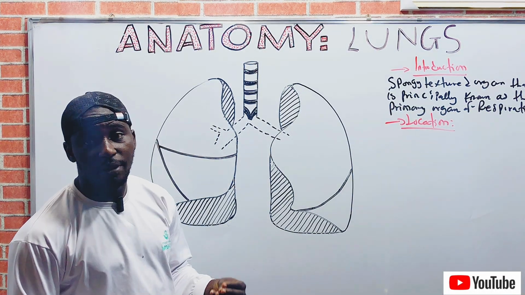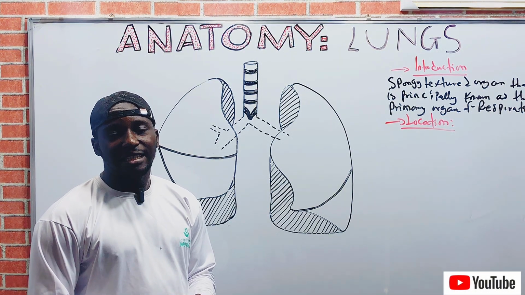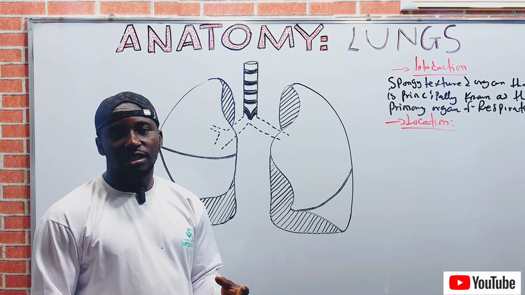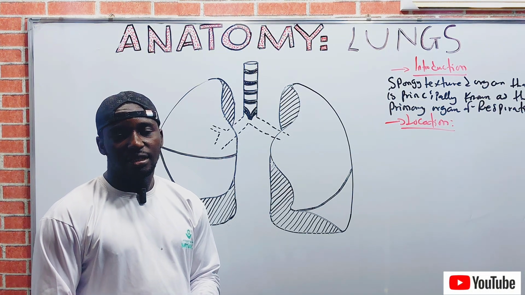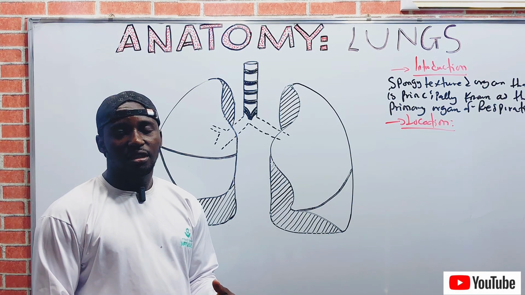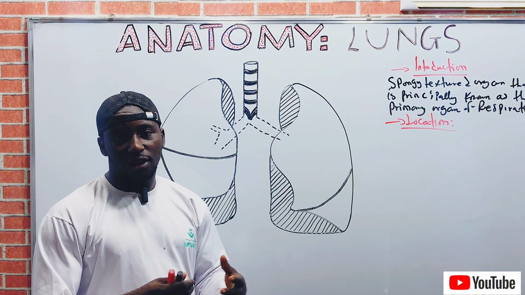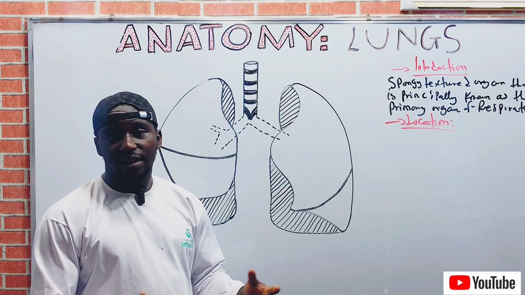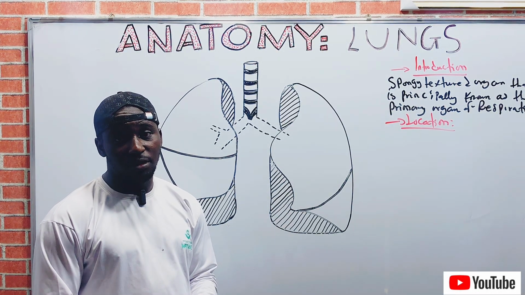The lungs, since it's a paired organ, is located at the thoracic cavity, particularly the right and left compartment of the thoracic cavity, where it is situated and covered by the pleural sac or the pleura, because the pleura is a fibrous sac that covers the lungs, or a sac-like sheet that encloses the lungs at the thoracic cavity, particularly the right and left thoracic cavity, because the thoracic cavity is divided into three compartments: the right and left lateral compartment and the central compartment or the middle compartment.